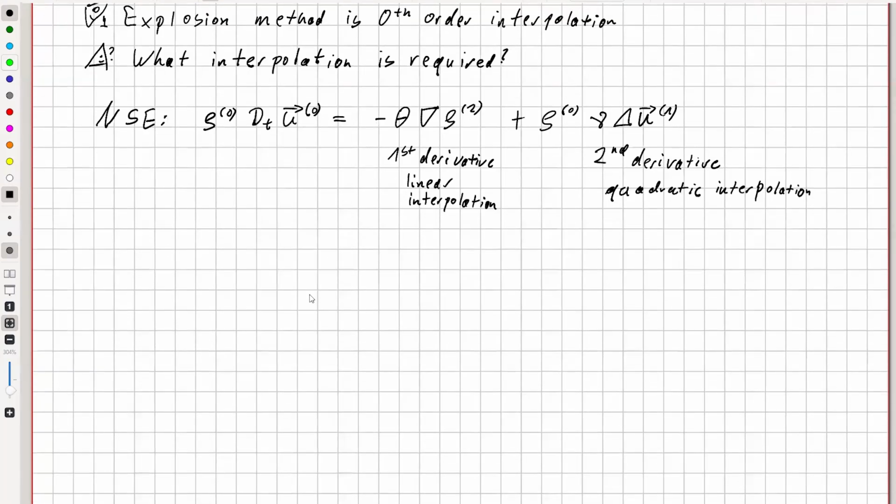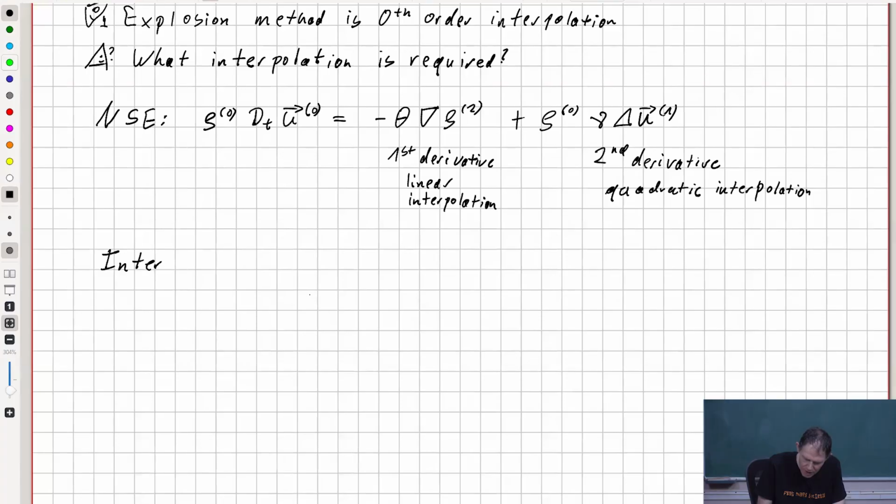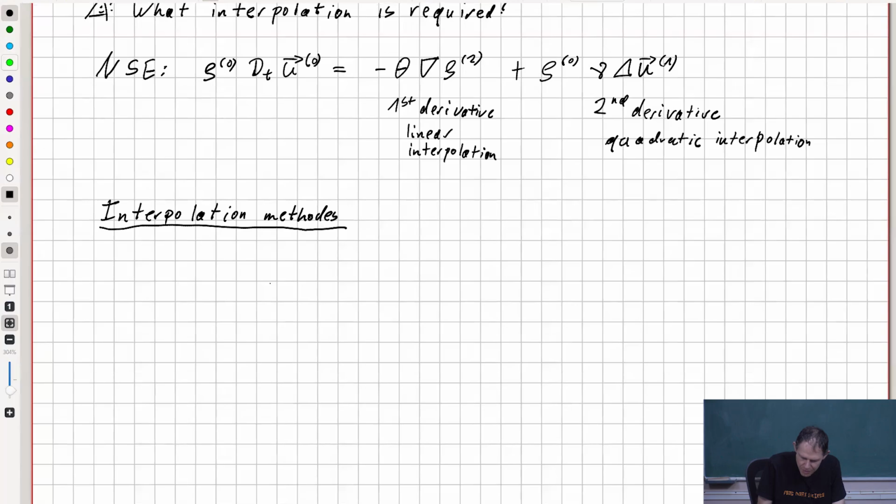So now instead of using the volumetric approach, we come to the interpolation methods, of which there are many. One of the classical examples, also coming out of the 90s, is the interpolation on overlapping grids.